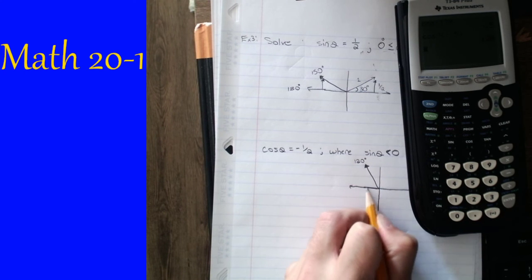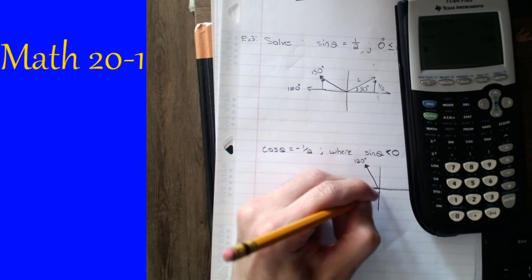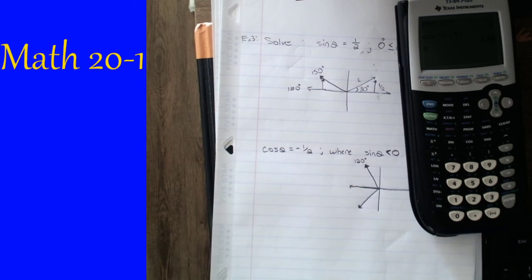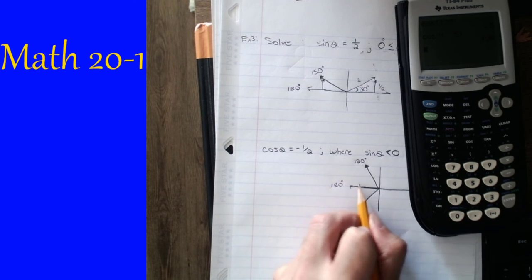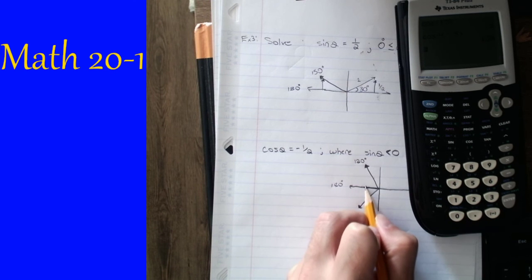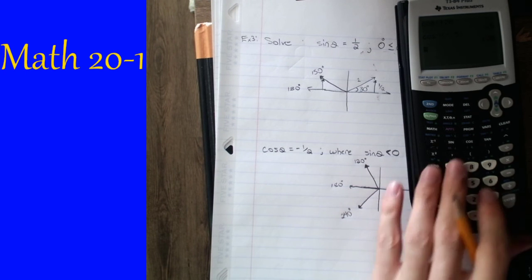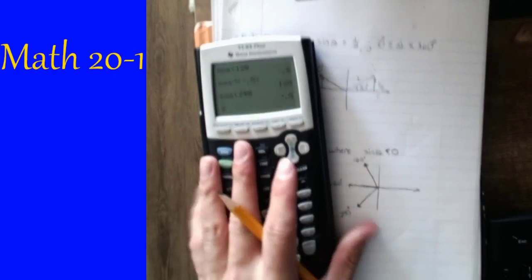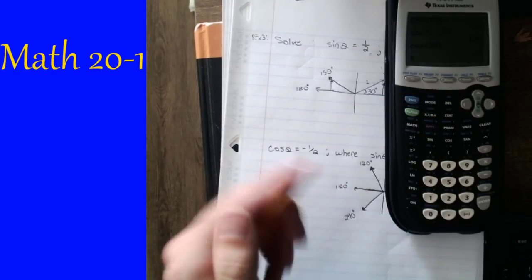I could have gone over negative 1/2 and up, or I could have gone over negative 1/2 and down. So it's 60 degrees down from 180, I should say, and 240 is that answer. So cosine 240 will also be negative 1/2. And so those are kind of my two answers.